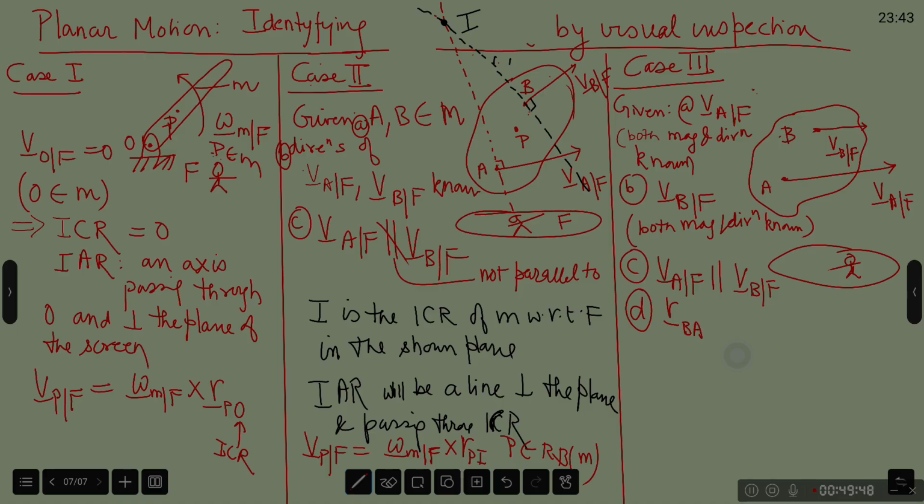To make a correction on the figure before I put the fourth known information, this is point B. Point B is here. It is known that the RBA vector is perpendicular to VAF and VBF, of course, because VAF and VBF are parallel.